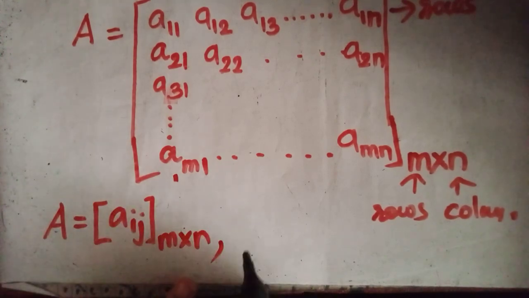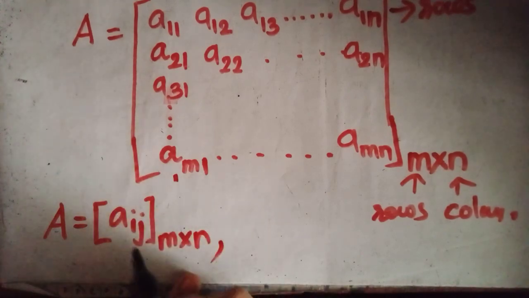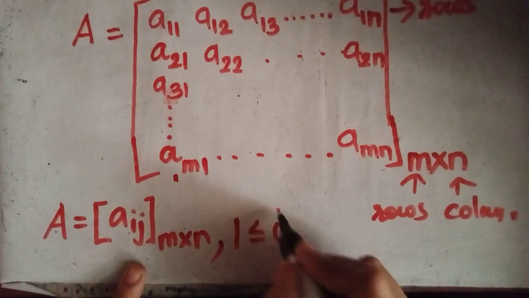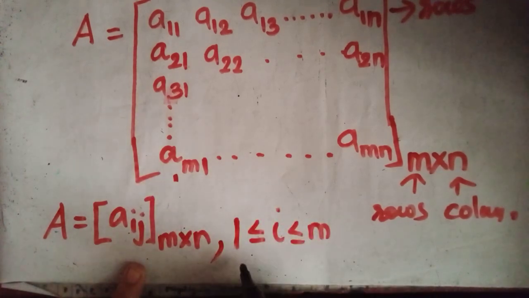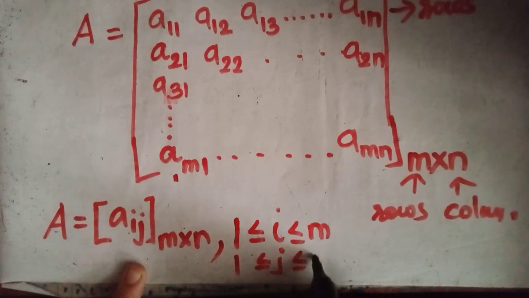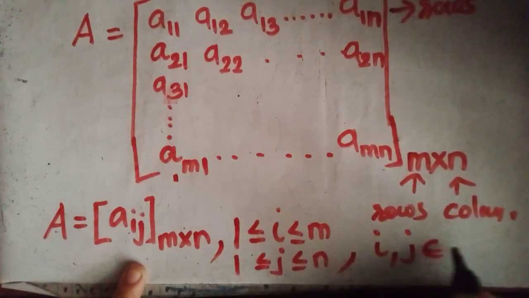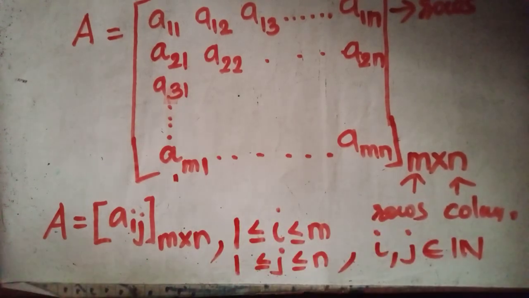The values of i change from 1 to m, and the values of j change from 1 to n, where i and j belong to the set of natural numbers. So this is the representation of a general matrix. We will be doing some examples so that you will understand it better.